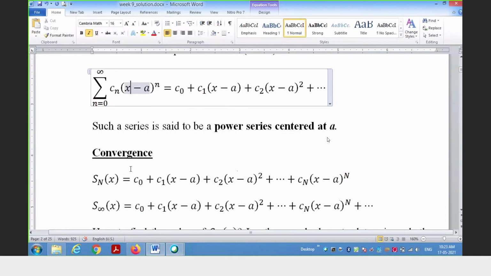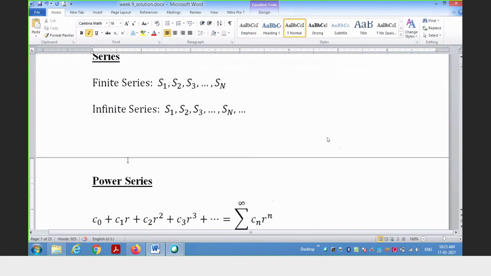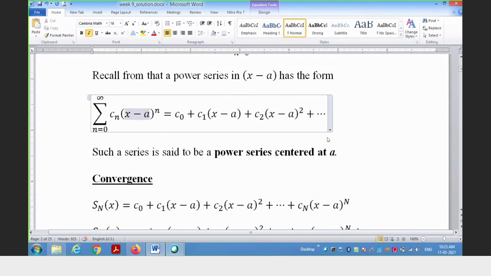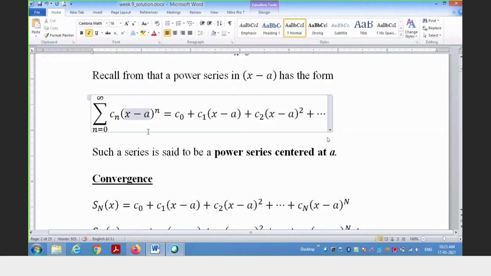Now to check whether the series converges or diverges, this process is okay. This series is also called a power series centered at a. Okay, x minus a, so the center is at a. You can relate this to Taylor expansion.